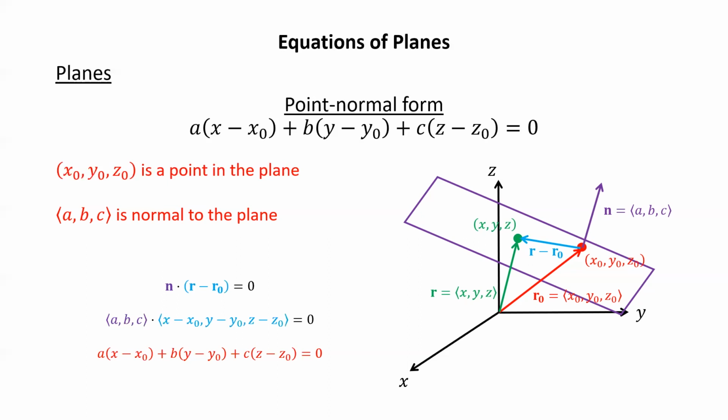If we started with a point x, y, z not in the plane, then the corresponding r minus r0 would not be orthogonal to n, and therefore that point would not satisfy this equation. So we see that this equation is satisfied precisely and only by the points that are in the plane.